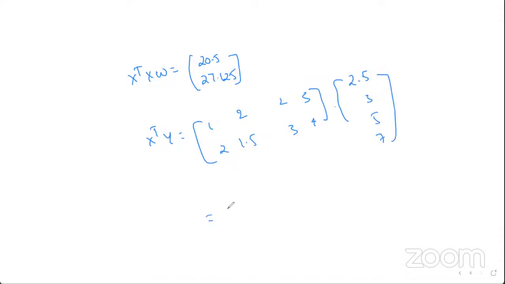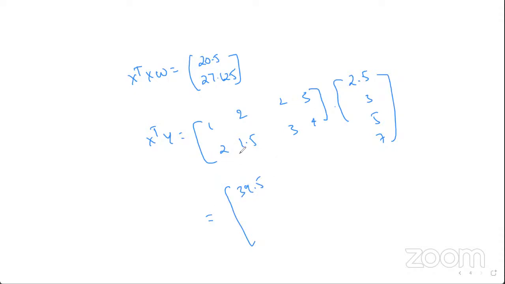Okay. If you do this, it's going to be equal to 1 into 2.5 plus 2 into 3 plus 2 into 5 plus 3 into 7. It's going to be 7 times 3 is 21, plus 10, plus 6. 21 plus 10 is going to be 31. 31 plus 6 is 37. 37 plus 2.5, 39.5.